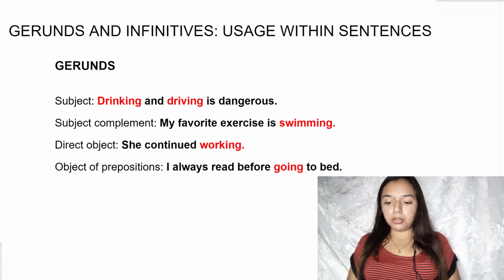And the next example is, my favorite exercise is swimming. The subject complement is swimming. The next example in direct object is, she continued working. The direct object is working. And the last example is, I always read before going to bed. The object of preposition is going.